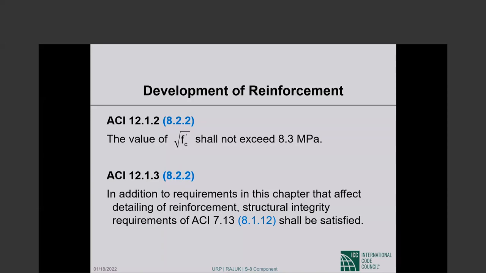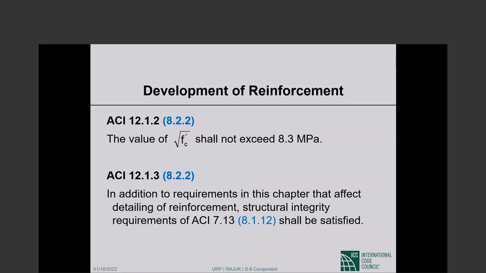So we restrict the strength of reinforcement to 10,000 psi. That does not mean that you cannot use higher strength reinforcement, but in your calculations you shall use f sub y equal to 10,000 psi.